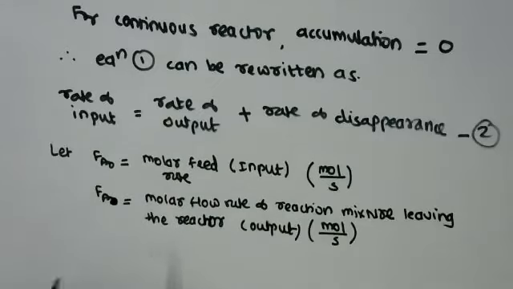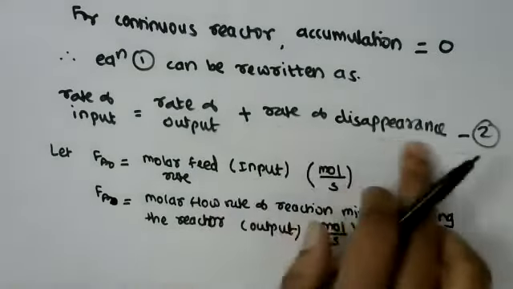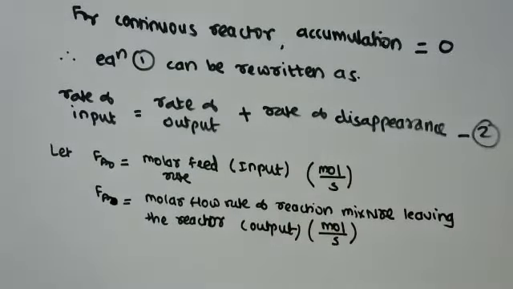Now, please remember, because of the reaction which occurs in the reactor, the reactant will disappear. So some amount of the reactant will be disappearing, and that will be accounted for in this particular term.